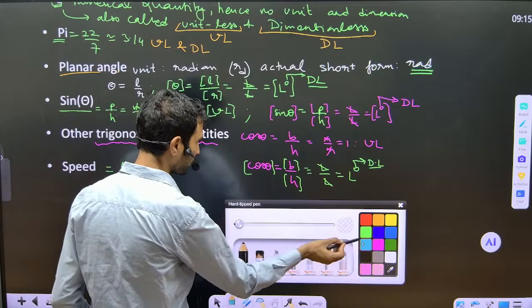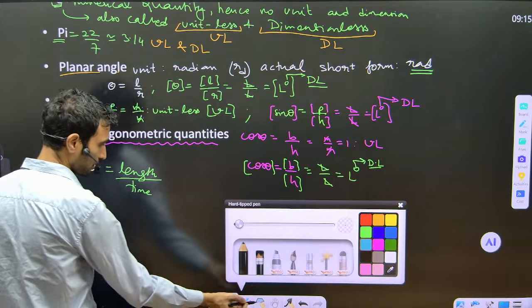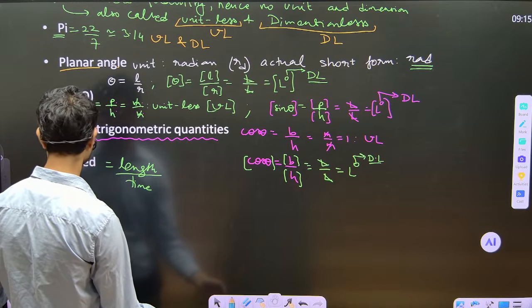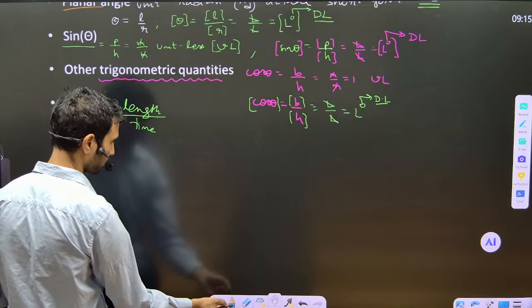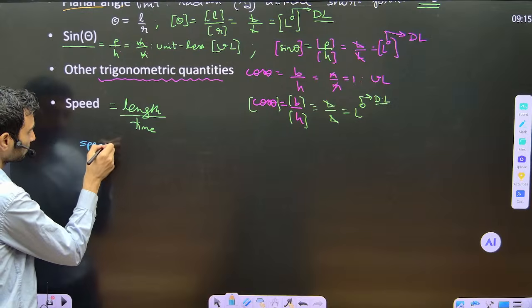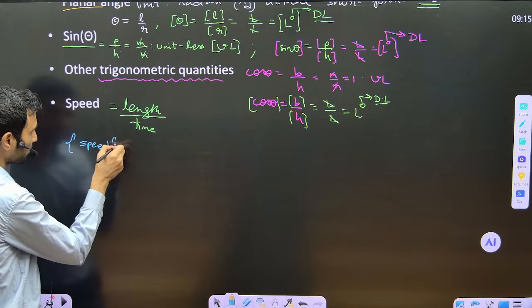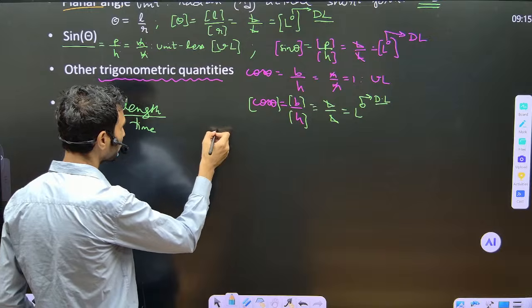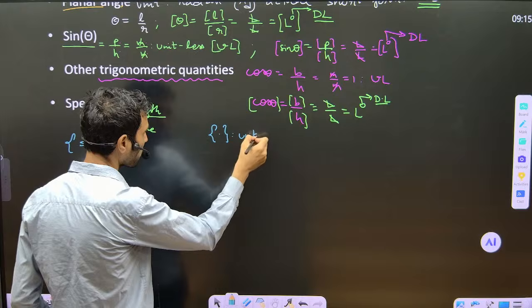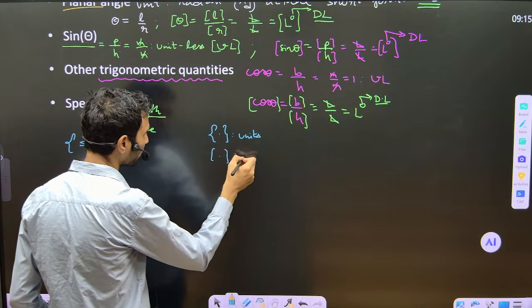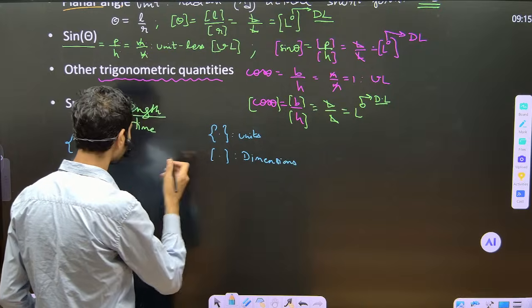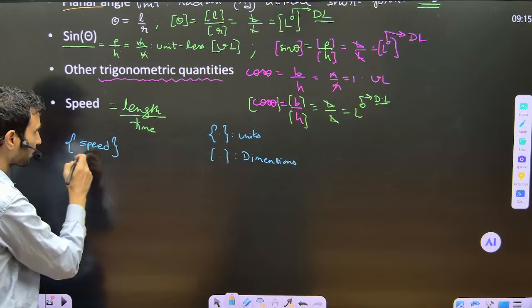And if you want the unit, you see, curly brackets are used for units. Square brackets are used for dimension. Correct.